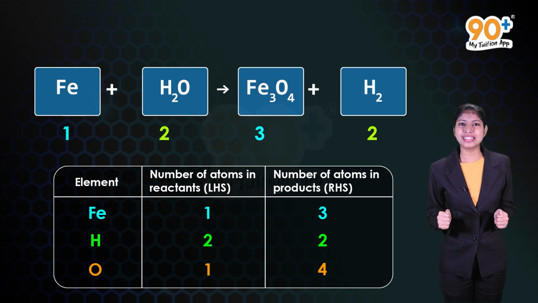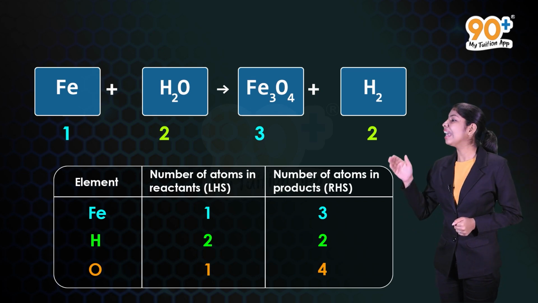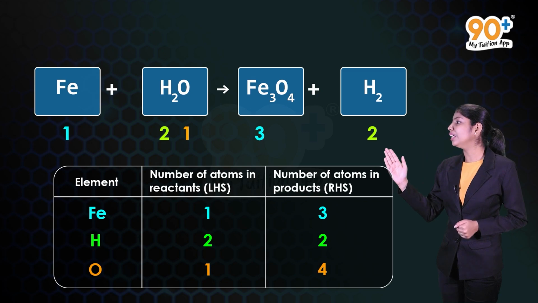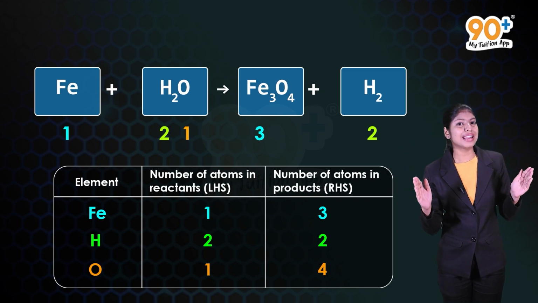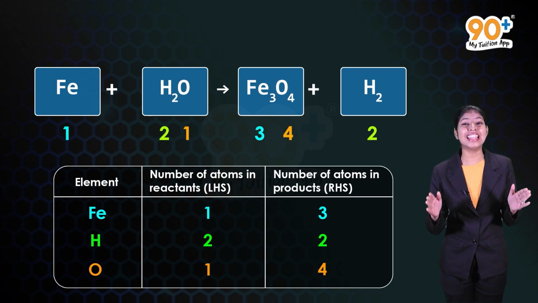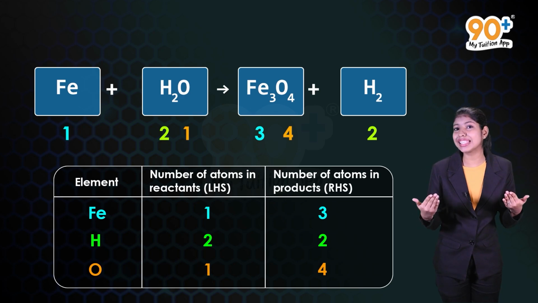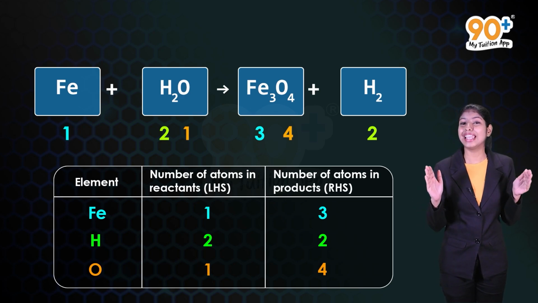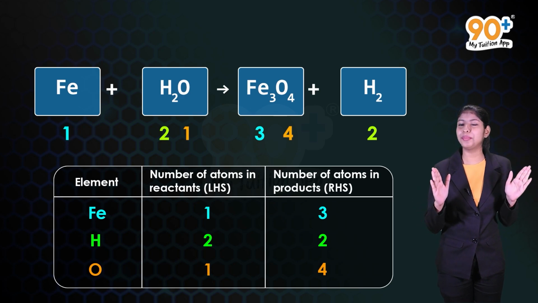What about oxygen? LHS contains only 1 oxygen, whereas RHS contains 4 oxygen atoms. We can start balancing with the compound that contains the maximum number of atoms. It may be a reactant or a product.